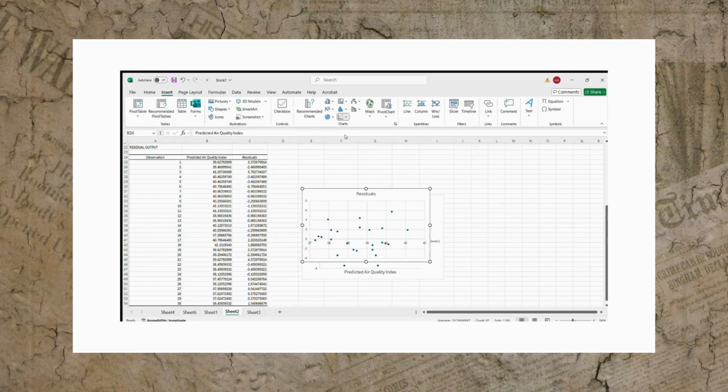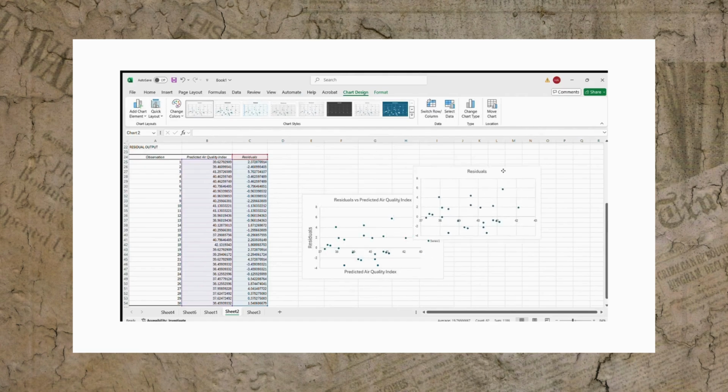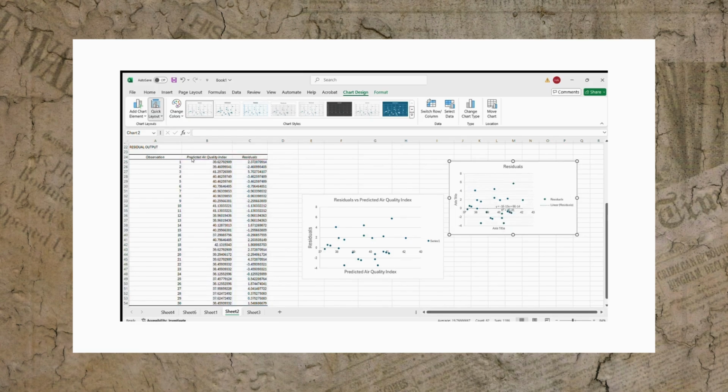Press the first diagram and it will show up like this. After that, press Quick Layout, press number 9, and it will change like this. This method is used for the other plot here also. They are the same method. Thank you.